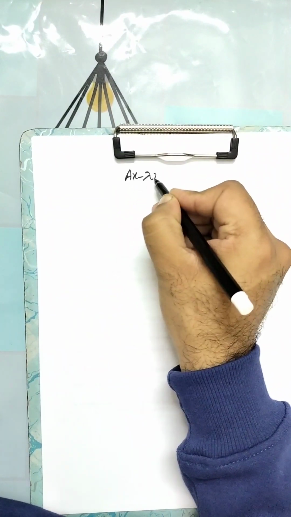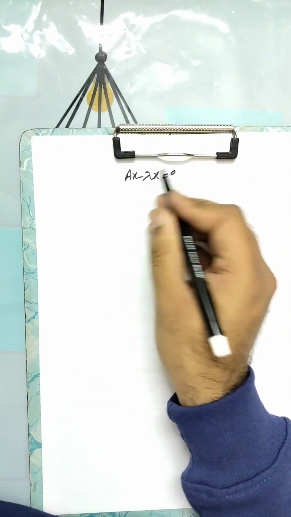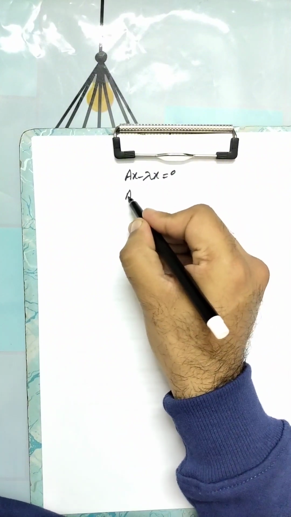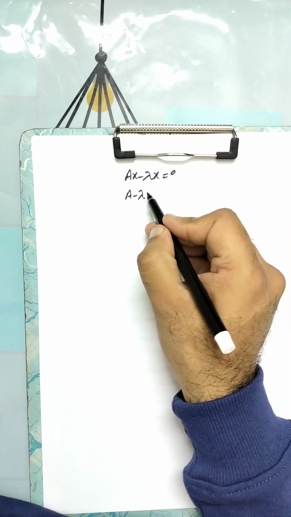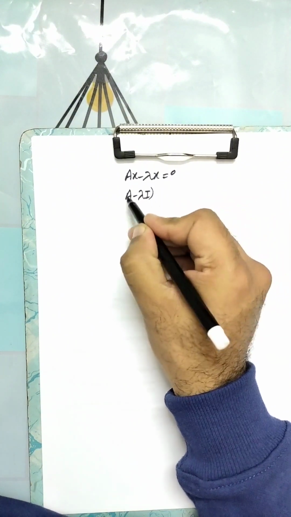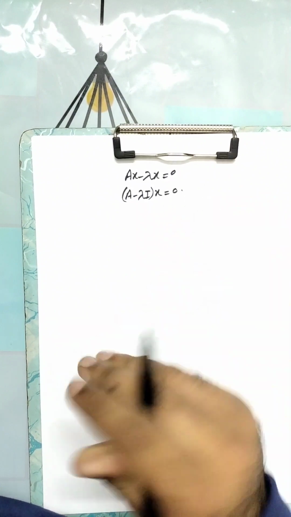X is your eigenvector. So A minus lambda I times x is equal to 0.